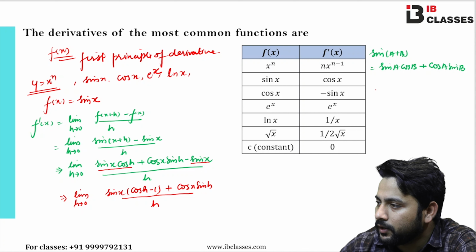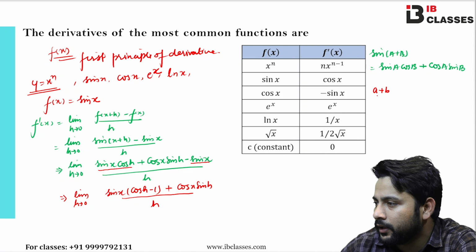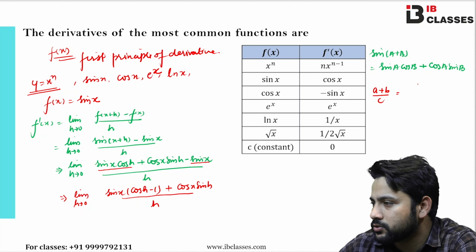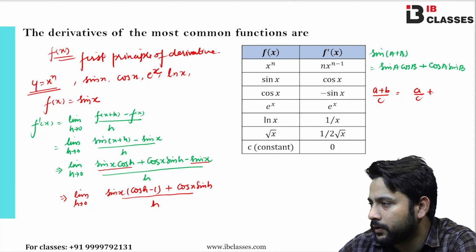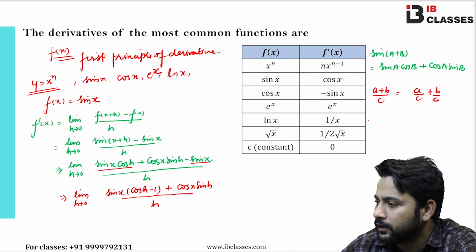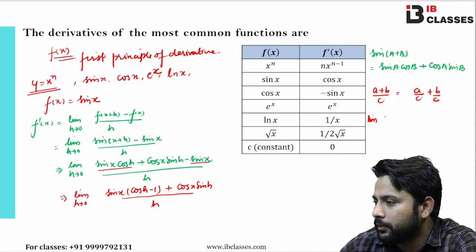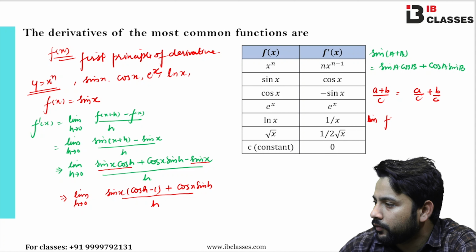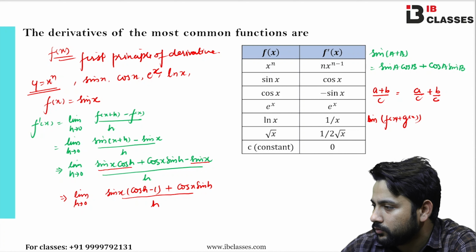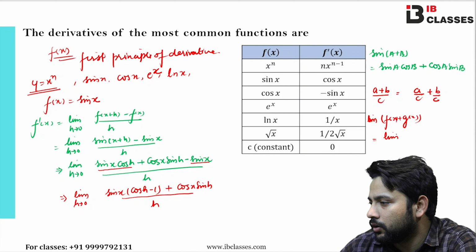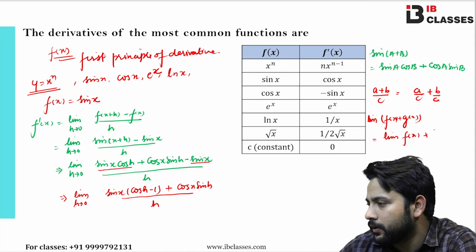We are also familiar with the formula of fraction, like (a plus b) over c equals a over c plus b over c, and we will also be using the algebra of limits, that is, limit of f(x) plus g(x) is limit of f(x) plus limit of g(x).